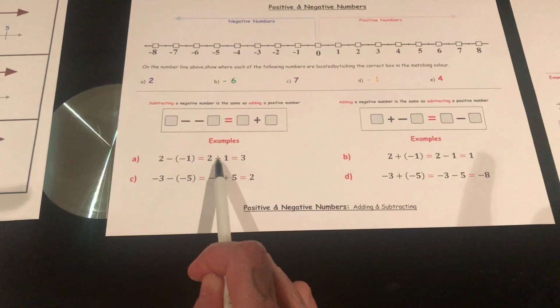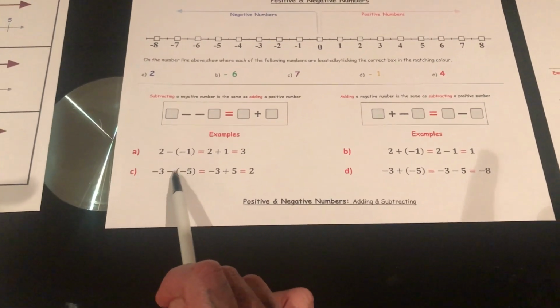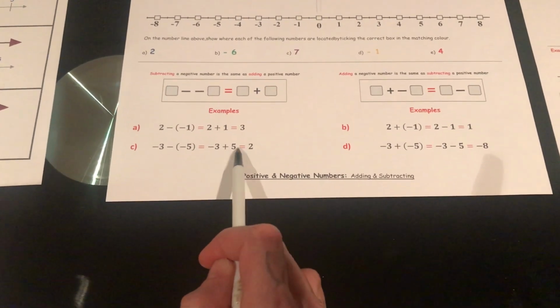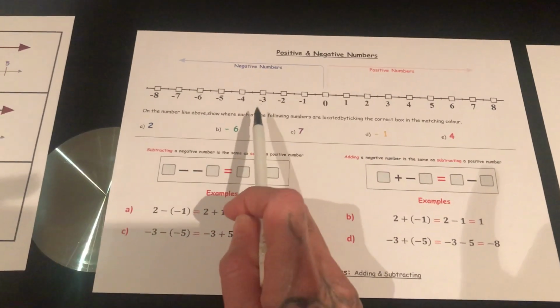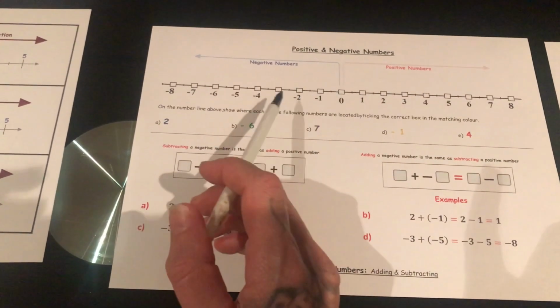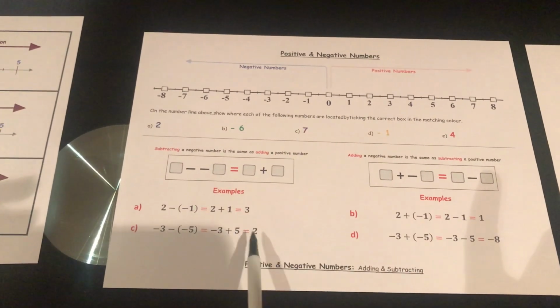Actually becomes 2 plus 1, which is 3. Okay, -3 take -5, two negatives together, -3 plus 5. And if you go to the number line, -3 plus 5, remember adding is this way. So 1, 2, 3, 4, 5, 2.